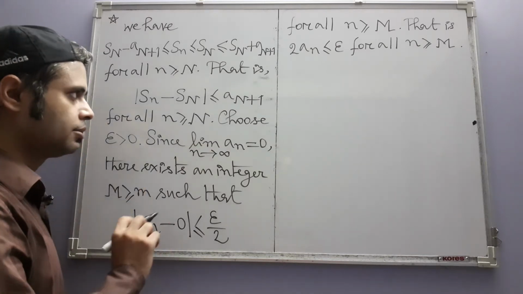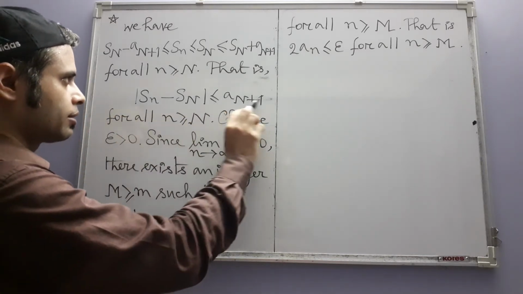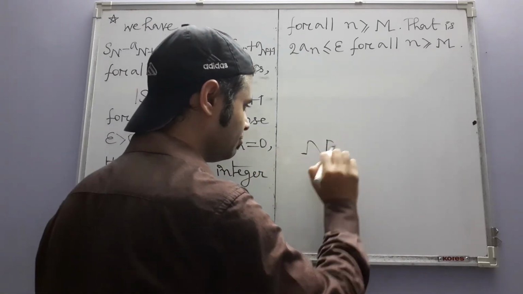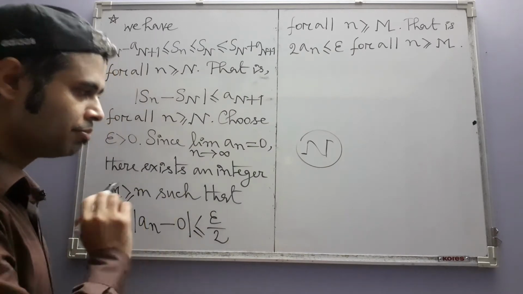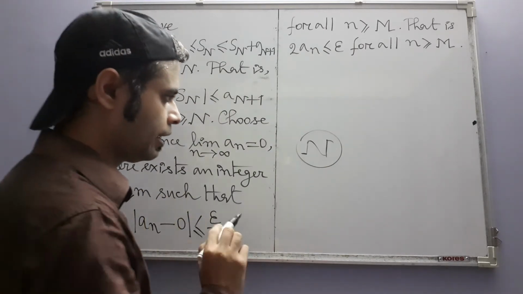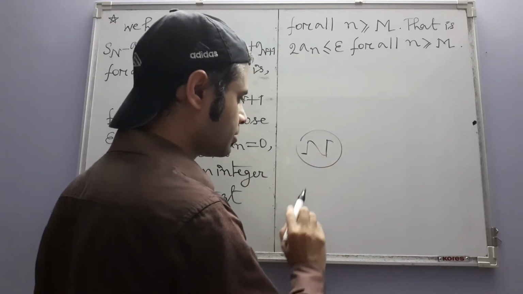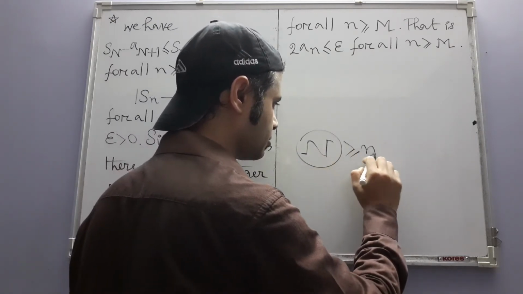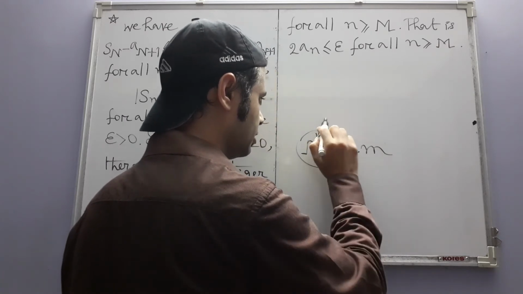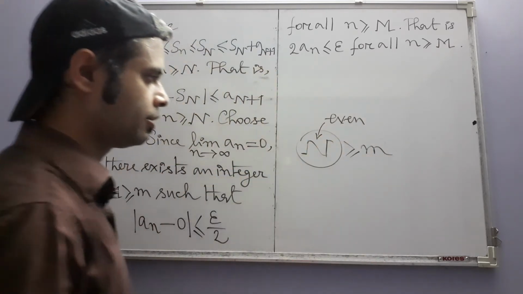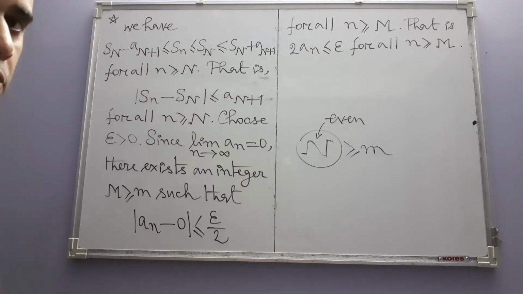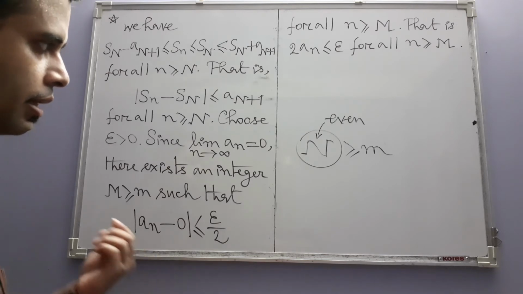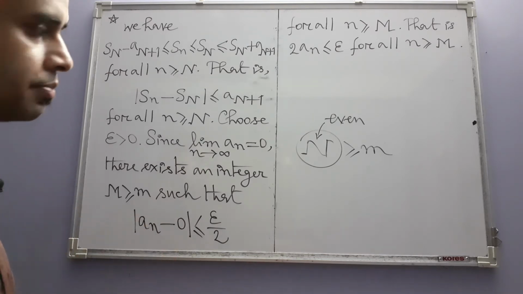Keep in mind that this entire calculation that we went through after choosing that even N depends on that N, and there was no restriction in our choice of N. The only restriction was that N should be an even integer greater than or equal to M, and there are of course infinitely many even integers greater than or equal to M, and it's an unbounded sequence of integers.